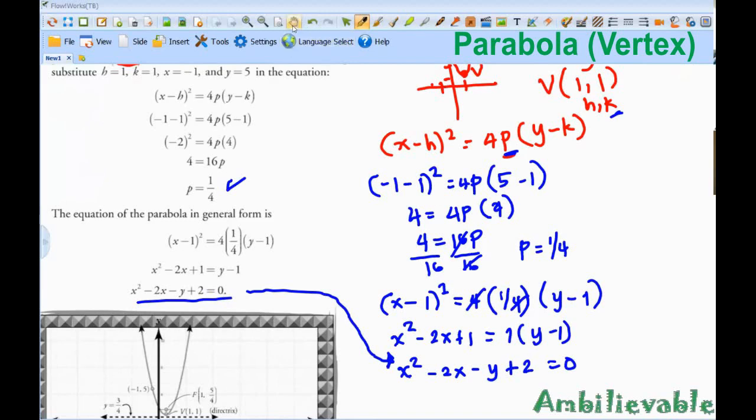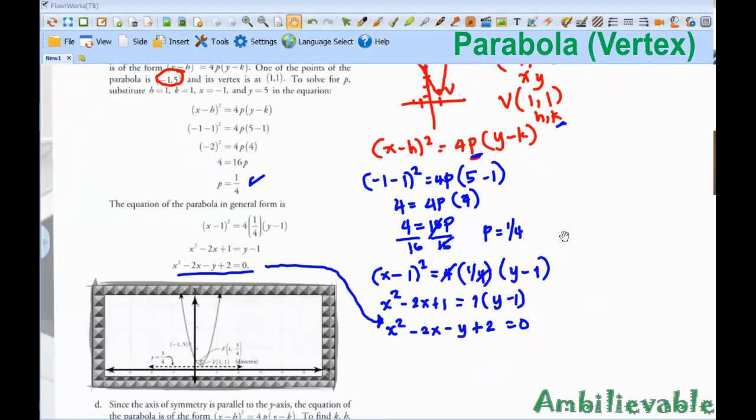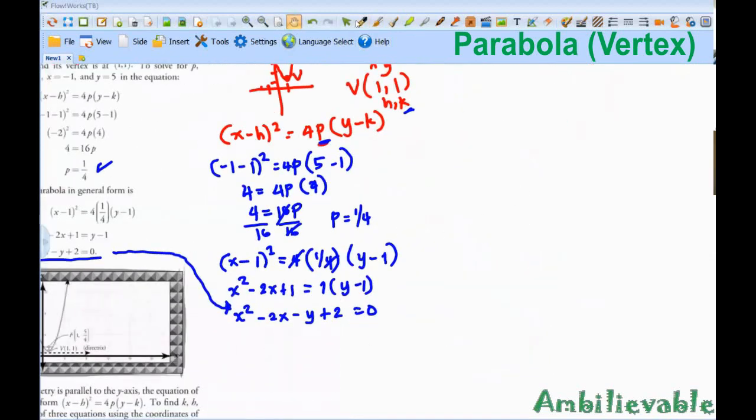Okay, let us graph, but we need to get, again, the endpoints of the latus rectum. Again, what is our formula of the latus rectum? What are the endpoints? h plus and minus 2p, then k plus p.